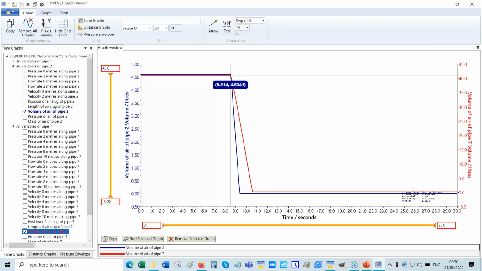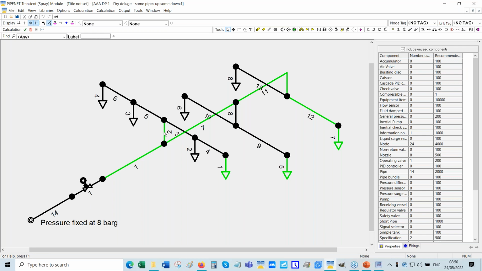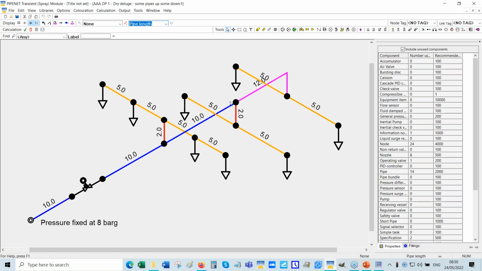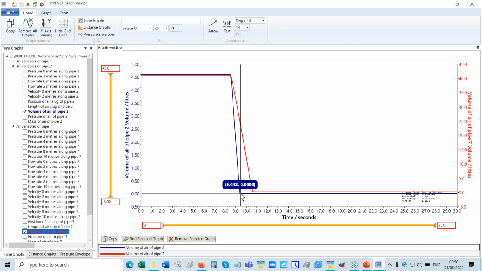See, they start at the same time because air gets expelled from both pipes when pipe 1 gets full of air. But you can see that although this pipe is only 2 meters long in comparison to that pipe, which is 10 meters long, you would expect this pipe to take 5 times as long as that pipe, but it doesn't. It only takes around twice as long.